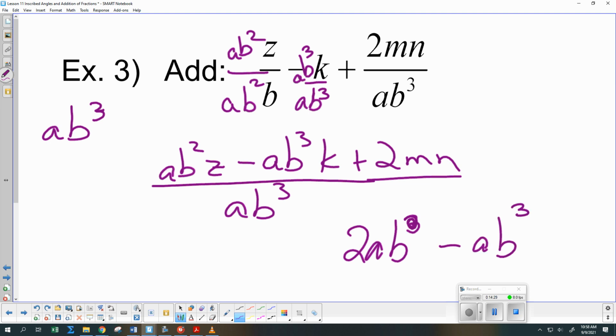So I'm trying to make them the exact same but have a number in front of them. And so then how would you subtract that? Would you not? With these, I can't. The letters and exponents have to match. If this were 2ab cubed minus ab cubed, you would put those together as one ab cubed.